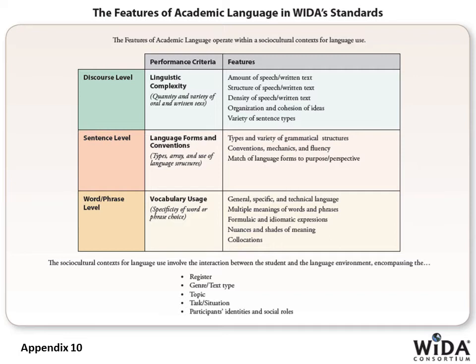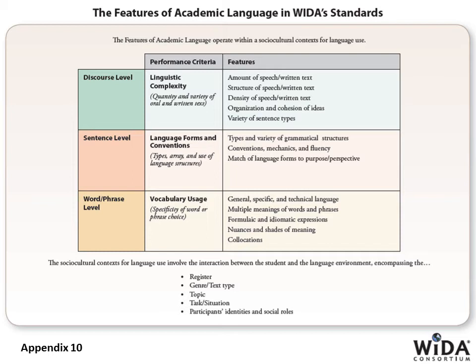So, as we look at the features of academic language in the WIDA standards, we'll notice in this chart that they're described in 3 different levels: discourse level, sentence level, and word level. The discourse level is the linguistic complexity that a student is able to understand and perform at, to both use and understand. Here we're talking about a paragraph or an essay if we're talking about writing, or perhaps a speech if we're talking about speaking and listening.